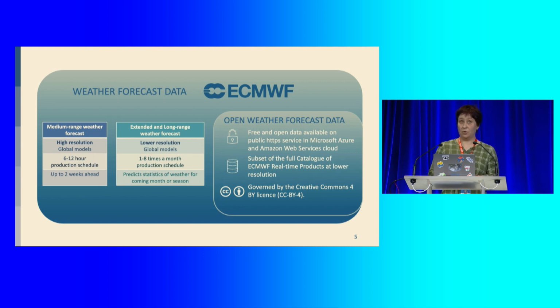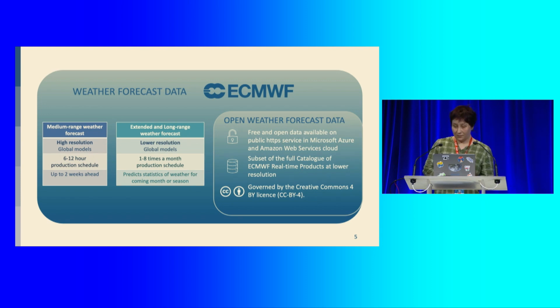Then what we call extended range is the data up to 6 weeks in advance, which we produce twice a week, and from next month, we will produce it every day. And the long range, which is the forecast up to 6 months or 1 year in advance, we produce every month. It is produced for a coming month or a season, not daily data.